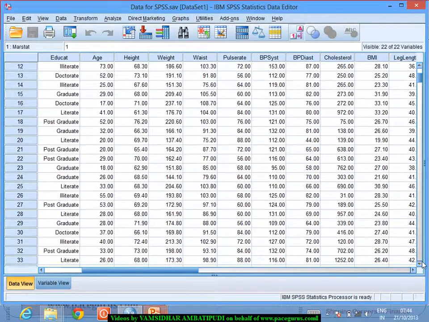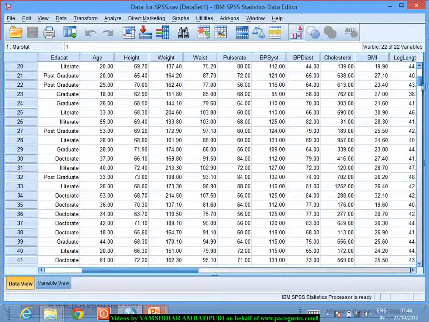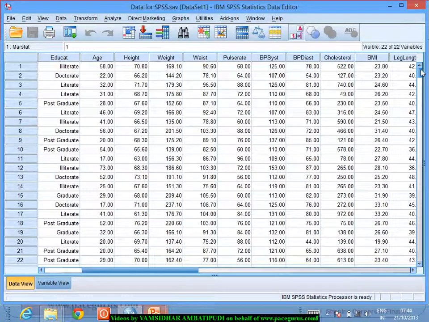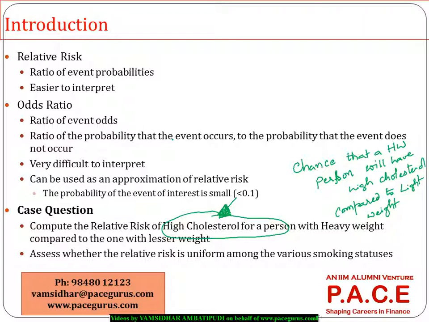For an understanding purpose, let me take a cholesterol level greater than 500 as high, and a weight greater than 175 as overweight, and less than or equal to 175 I call normal.